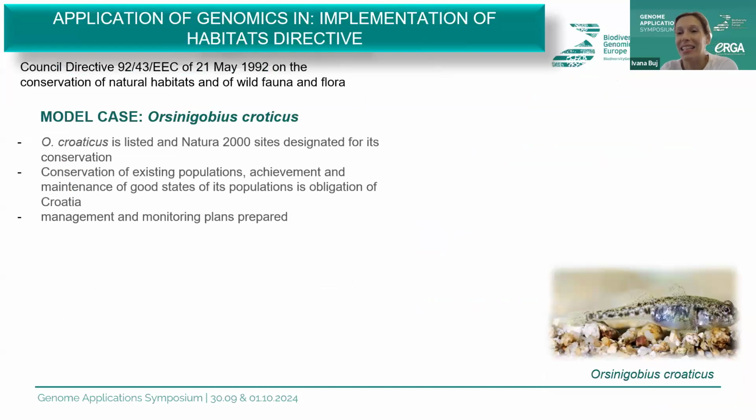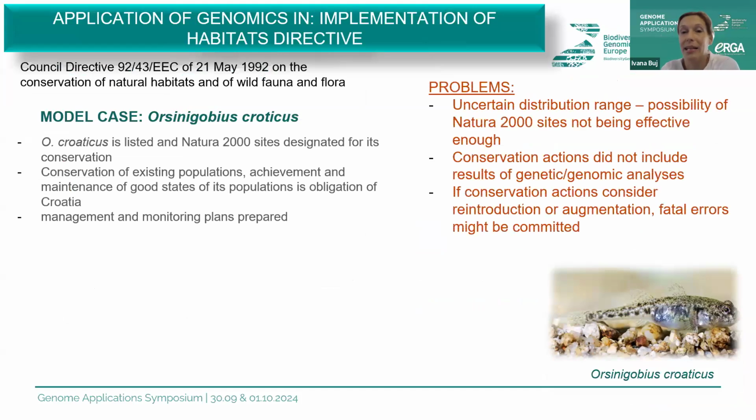Then the next document that can be applied is the Habitats Directive. So Orsinigobius croaticus is listed on Annex 2 of the Habitats Directive, and based on that, Natura 2000 sites have been designated and are managed with the aim of protecting these species. So here again, I see some problems.